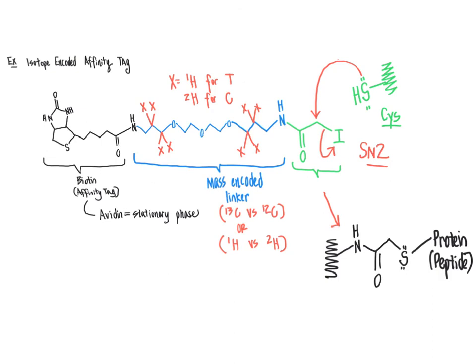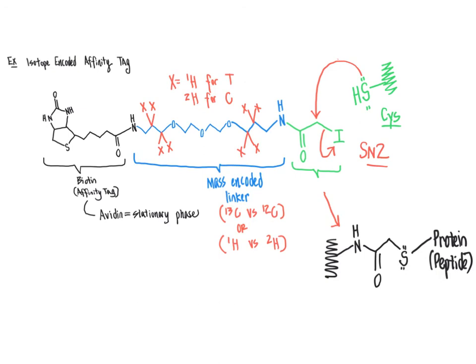And this makes this isotope encoded affinity tag method super valuable and one of the best approaches out there to relative quantitation-based proteomics and comparative proteomics, where we're comparing side by side treatment and control samples, because this will allow us to detect many of the proteins that would be missed using the previously discussed two-dimensional gel electrophoresis with mass spectrometry approach.